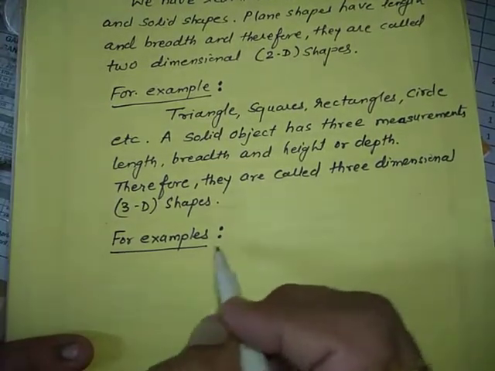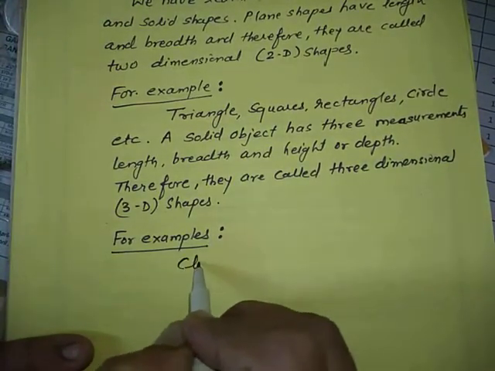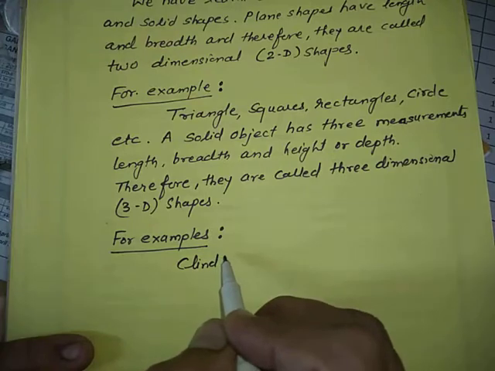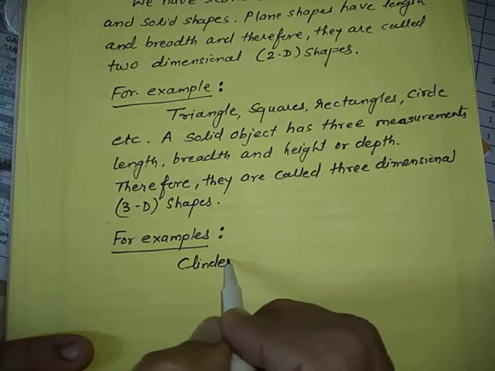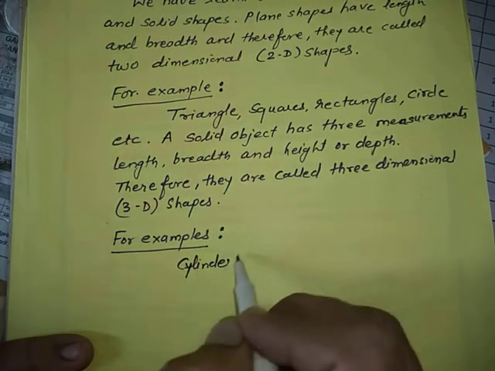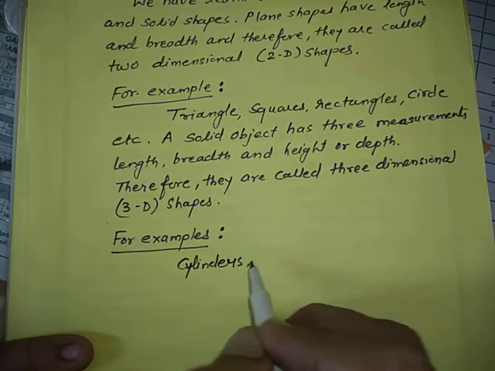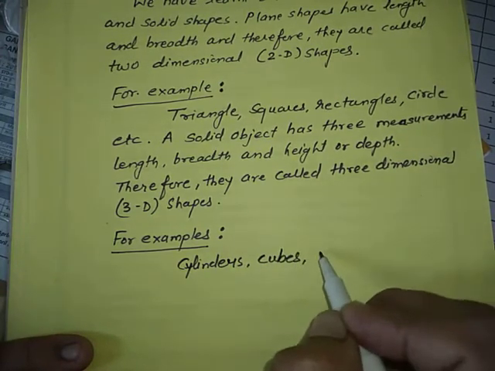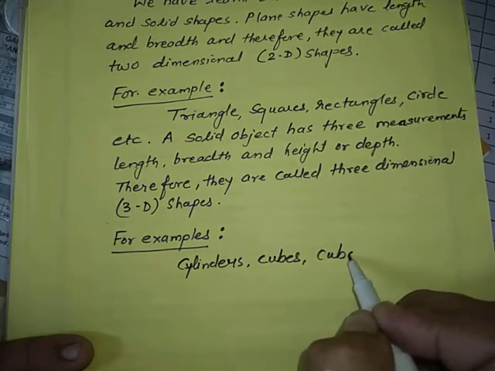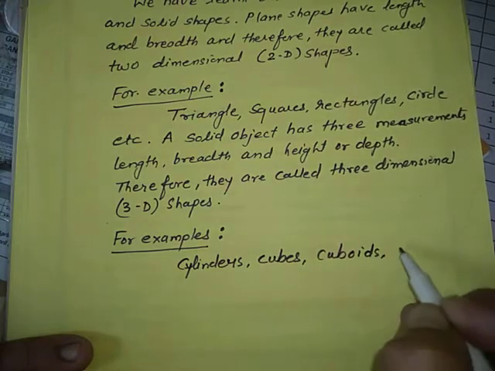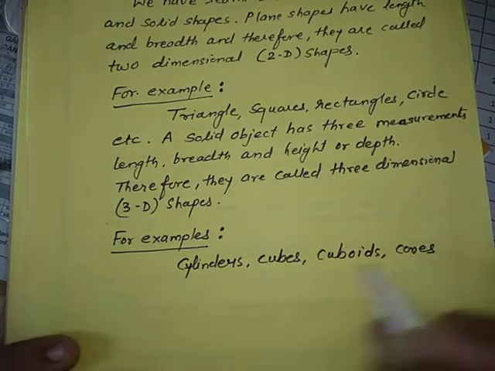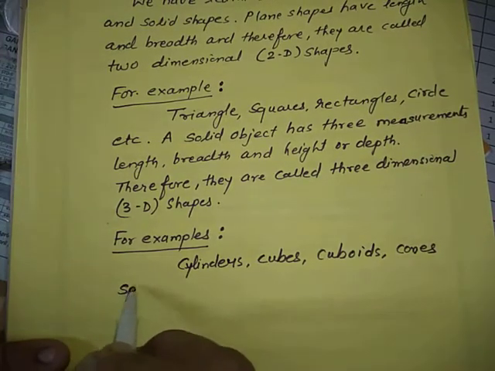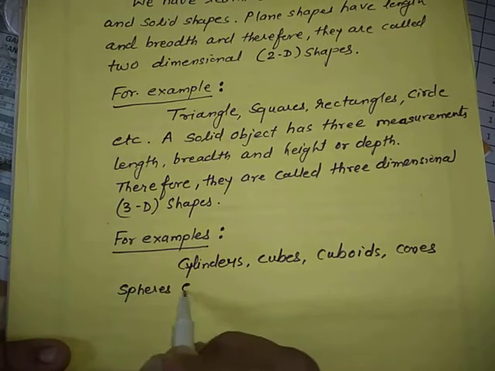For example, cylinder, okay, then we can say cuboids or cubes, then cone shape also, spherical, I mean sphere also, etc.